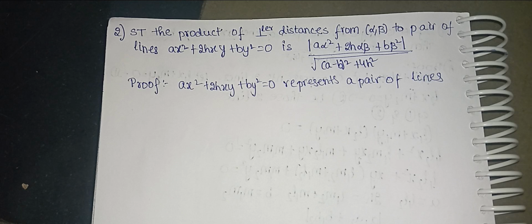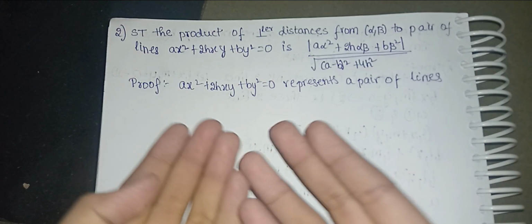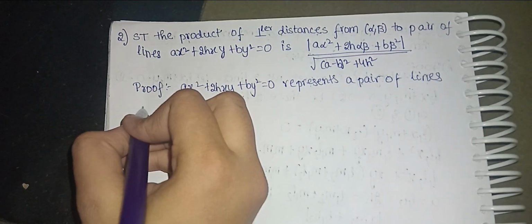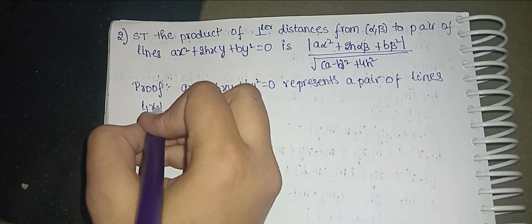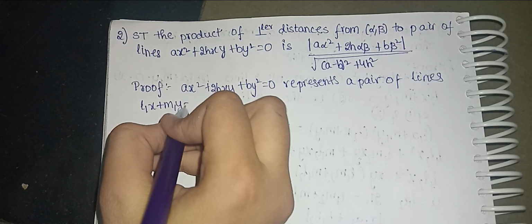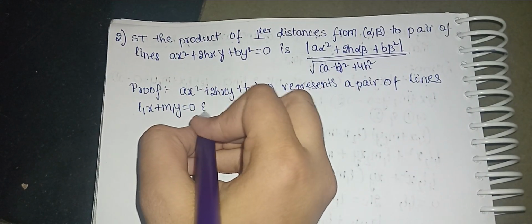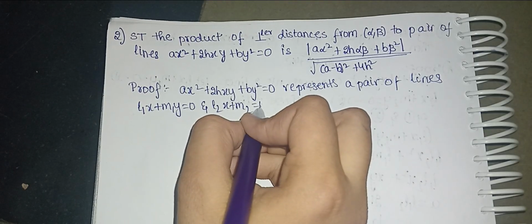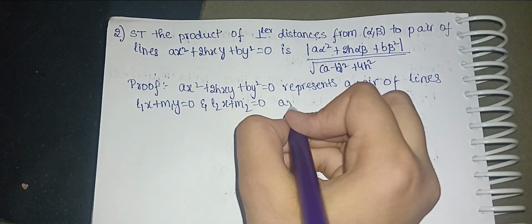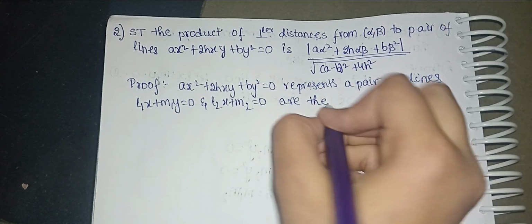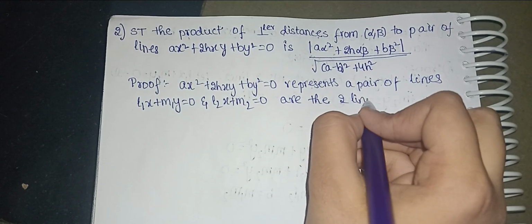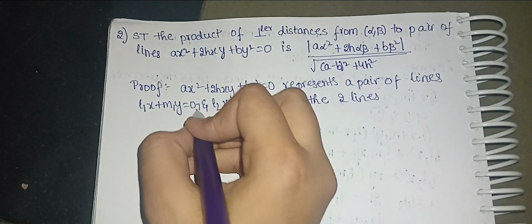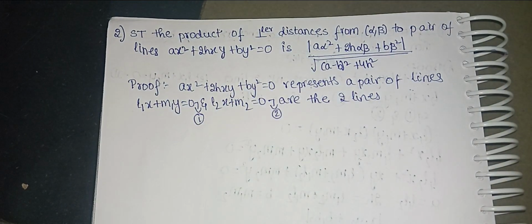Which pair of lines? Then you have to write L1x plus M1y is equal to 0 and L2x plus M2y is equal to 0 are the two lines. Take it as equation 1 and 2.